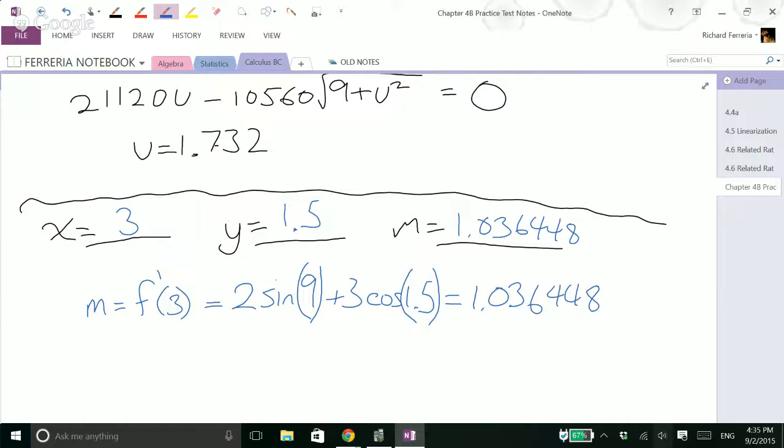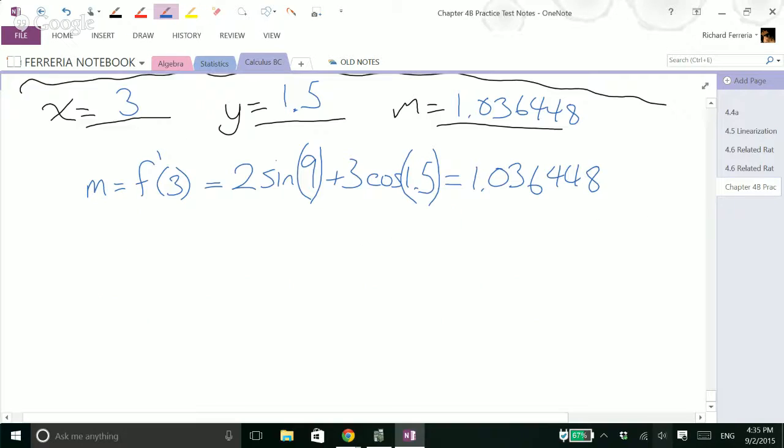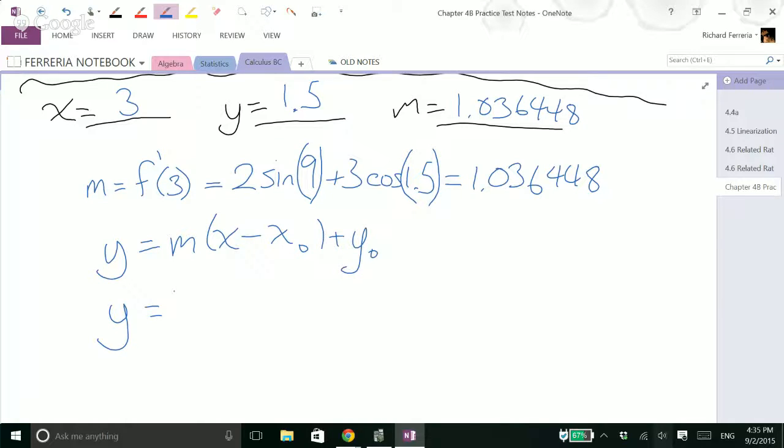For the equation of the tangent line, we just put those 3 quantities into y equals m times x minus x naught, plus y naught. So y equals 1.036448 times x minus 3 plus 1.5.